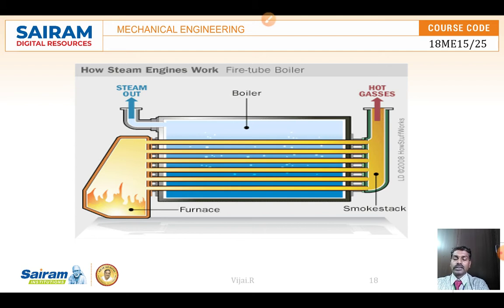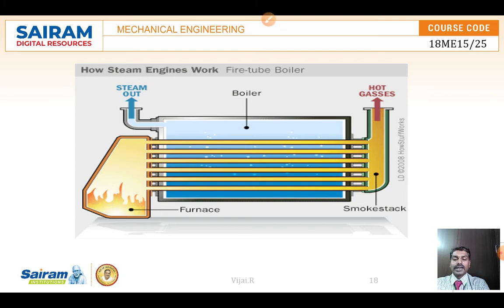You can see at the left end there is a furnace. In the furnace we produce heat by burning the fuel. When the fuel is burnt, the hot flue gases pass through the tubes, and the tubes pass through the drum where the water is filled.